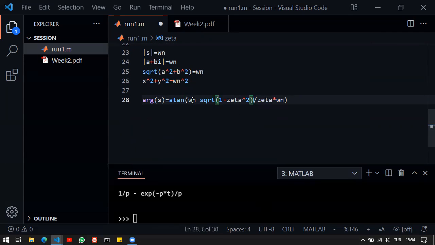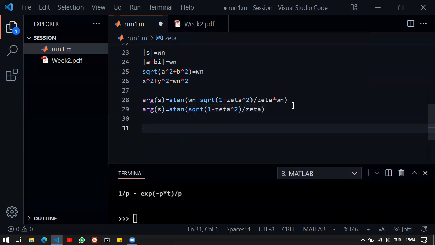Now, what you can see here is now that the omega n cancels. So it's not really depending on omega n, but it depends on zeta. And looks like this. Now, this has also a special meaning. If you have, for example, a fixed damping ratio, zeta, then you would end up in a fixed inverse tangent, which would give us the angle here.